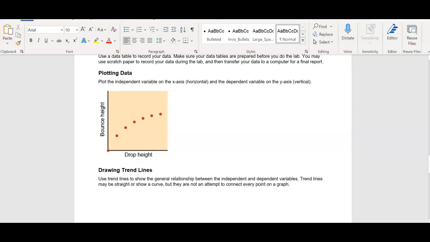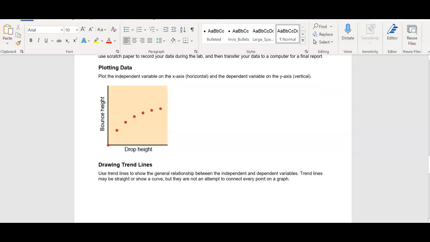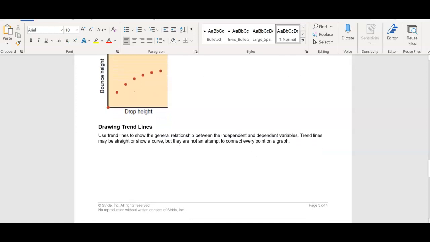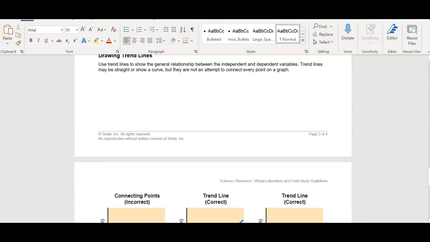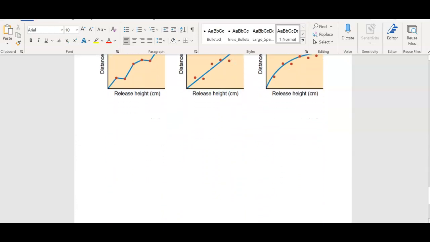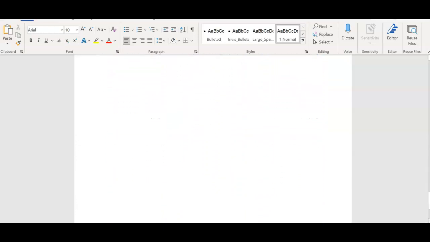And so it tells you where the independent variable goes on the x-axis, and the bounce height is the dependent variable, goes on your y-axis. So it tells you exactly how to set it up, and then it shows you how to draw the lines, shows you what is correct, what is not correct, all of those things. So this is going to be a document that you may want to look back on.